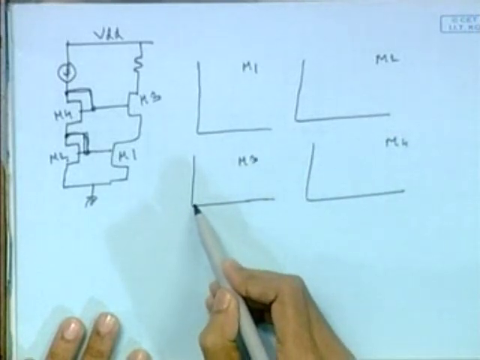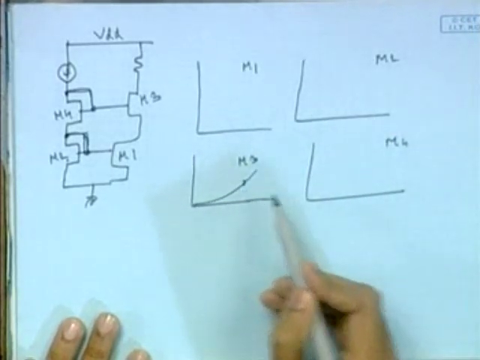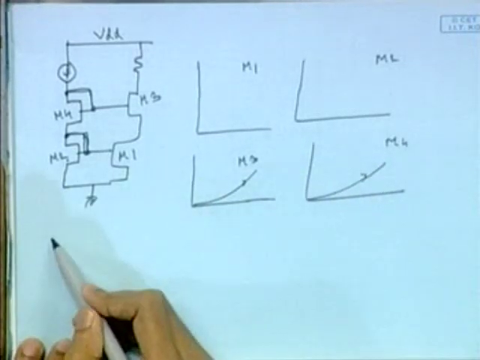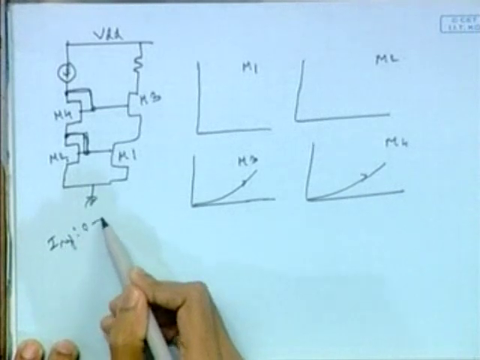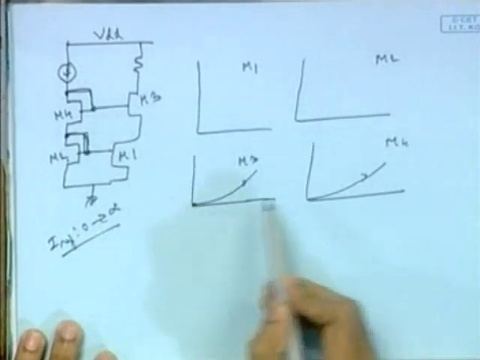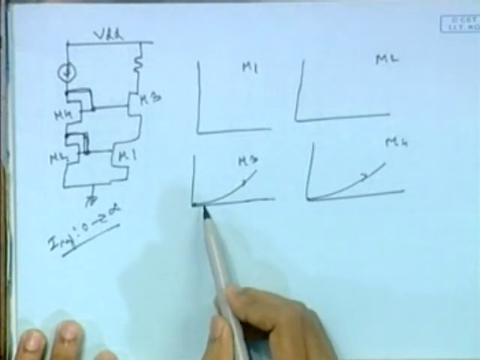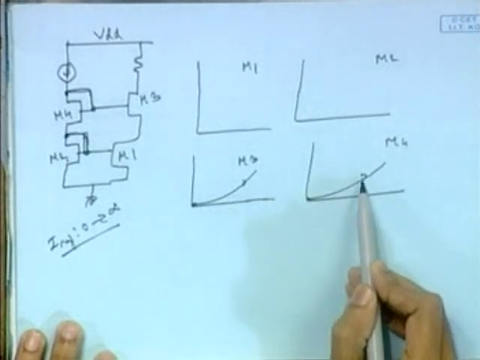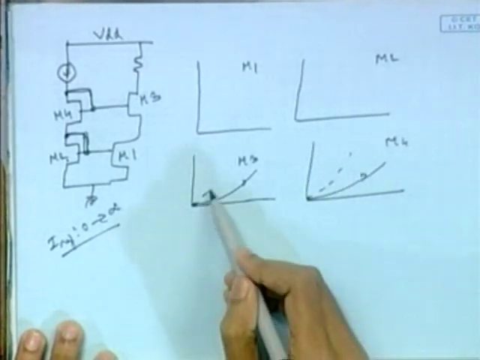So they will follow this path. They start with VGS and VDS 0, and we are increasing the IREF from 0 to some value, say infinity. As IREF is 0, they will start from VDS and VGS both 0. So they will start from this point, and they will remain in the saturation zone.